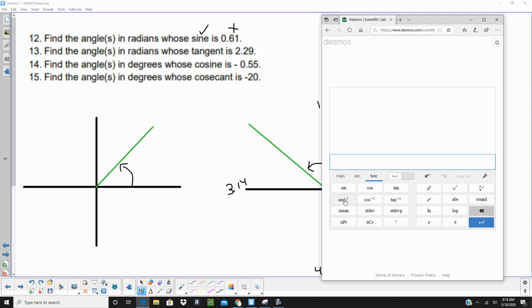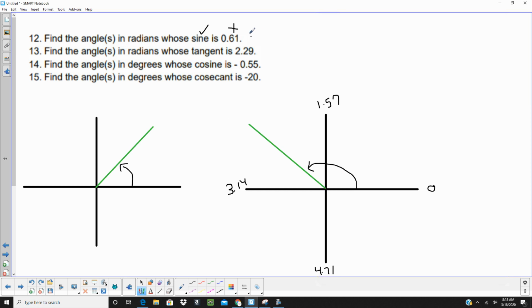So I'm going to do the inverse sine of 0.61. And that gives me 0.65. So there's my first answer, 0.65. That also tells me my reference angle right here. So I'm going to have to take 3.14 minus 0.65.